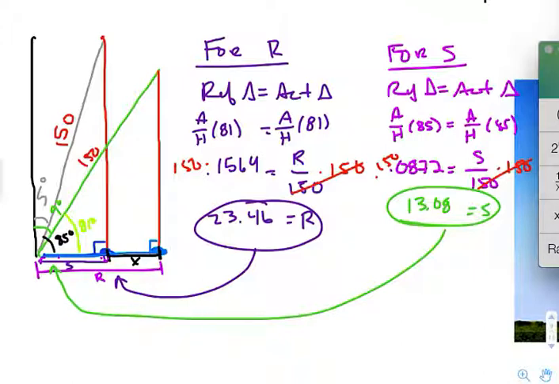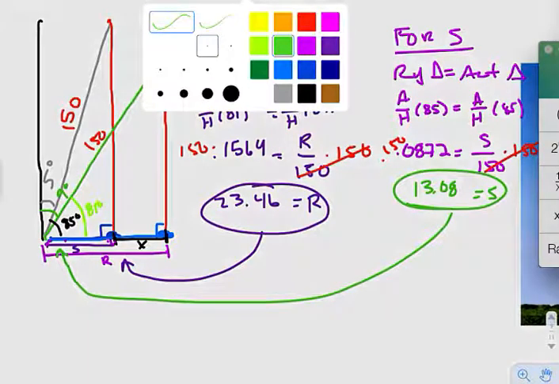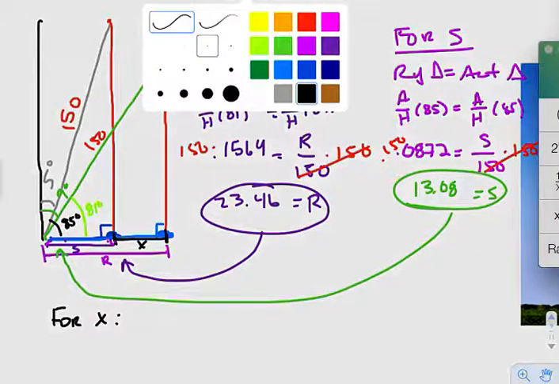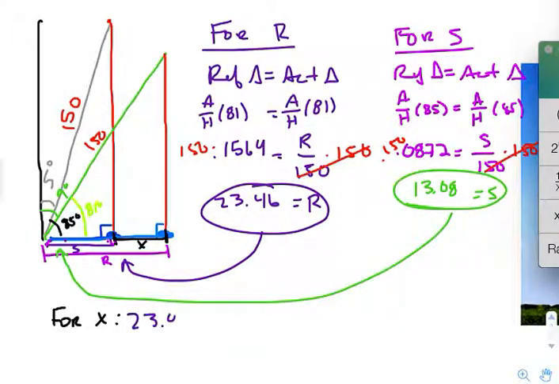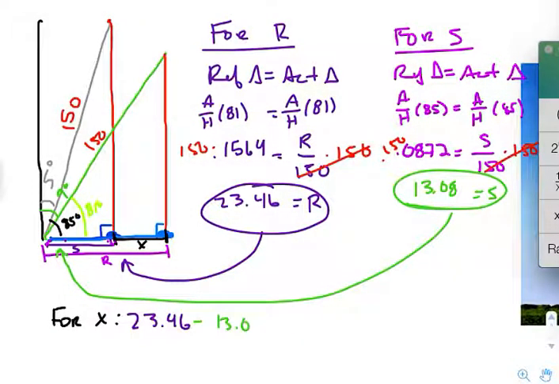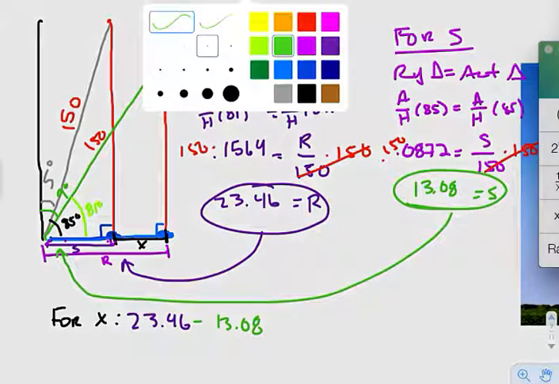So now if I want to find x, I'm going to have to subtract the two. So I'll take the 23.46, subtract off the 13.08, which inexplicably has changed to green.